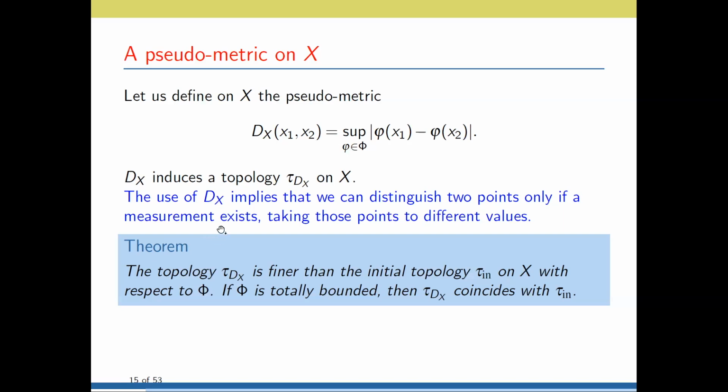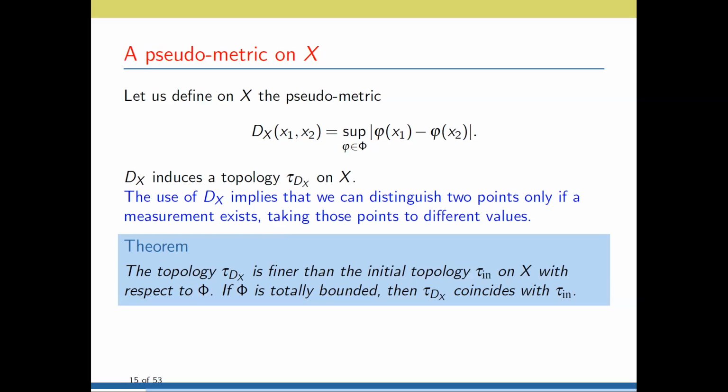The topology associated with this pseudometric is finer than the initial topology on X with respect to the set of functions capital Phi. If the set of admissible functions capital Phi is totally bounded, then this pseudometric coincides with the initial topology.